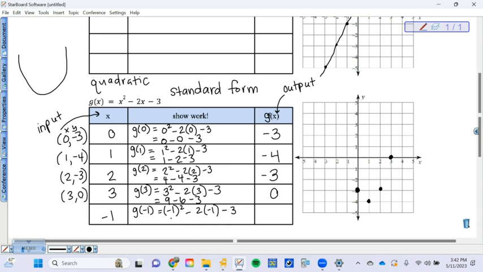Yes. 1 minus, what's 2 times -1? -2 minus 3. So I have a minus, a negative. What do I do with that? Minus a negative becomes positive. So 1 plus 2 is 3, minus 3 is 0.